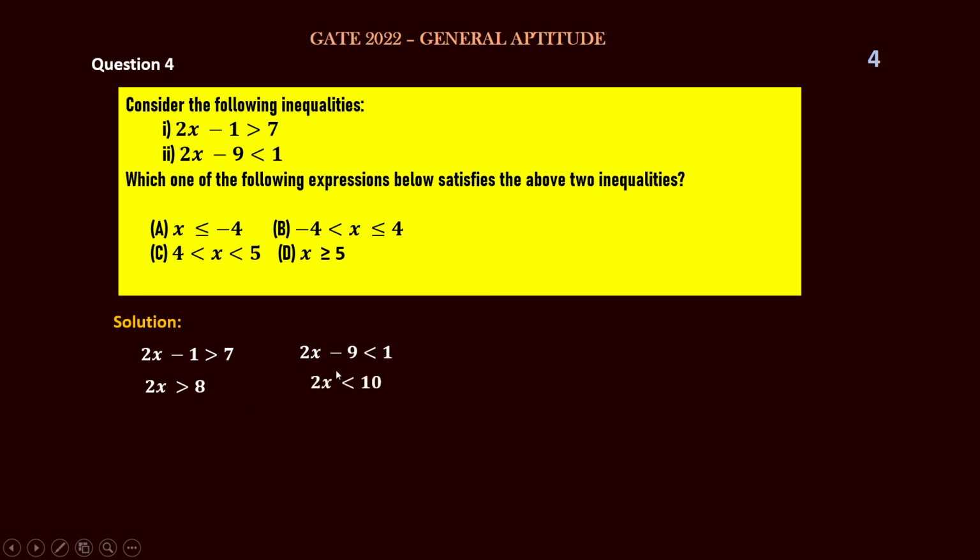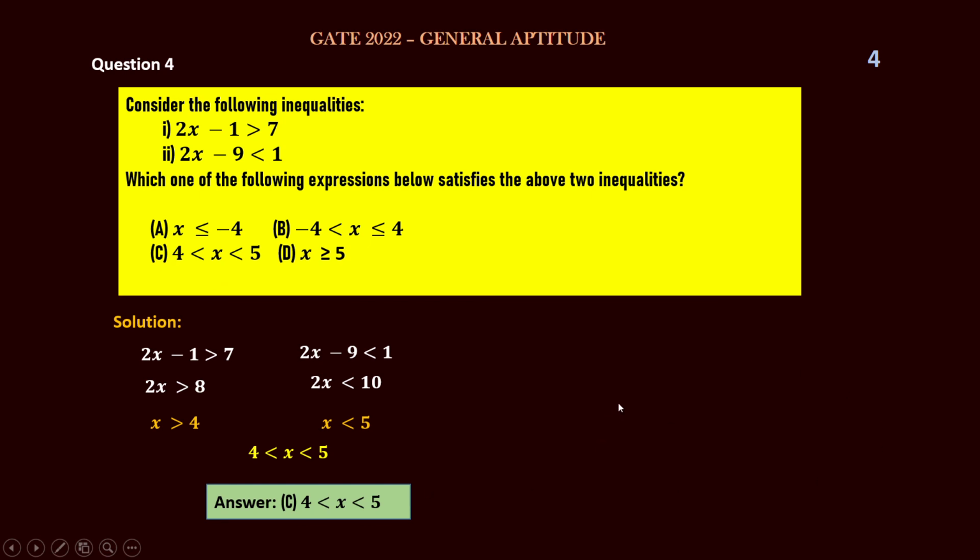Similarly, minus 9 moved to this side becomes 10, so 2x is less than 10. So x is greater than 4 and x is less than 5. We can simply write x is between 4 and 5. So option C is the correct one.